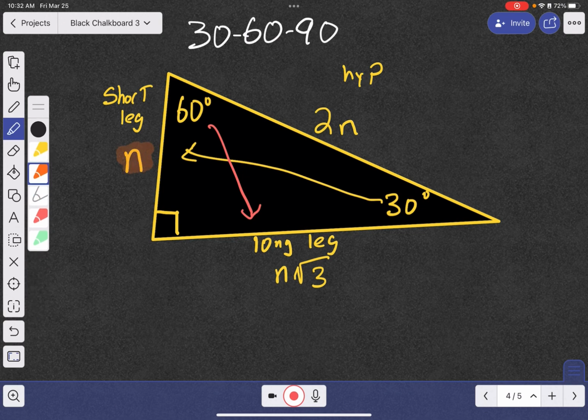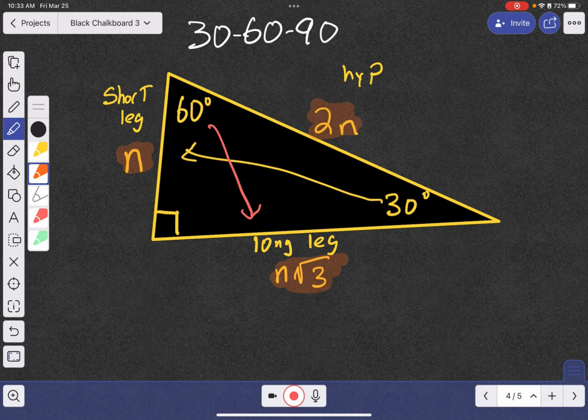So we've got n for our short leg, 2n for our hypotenuse, and n times the square root of 3 for the long leg. Short leg is opposite the 30 degree. Long leg is opposite the 60 degree. And the hypotenuse is opposite the 90.